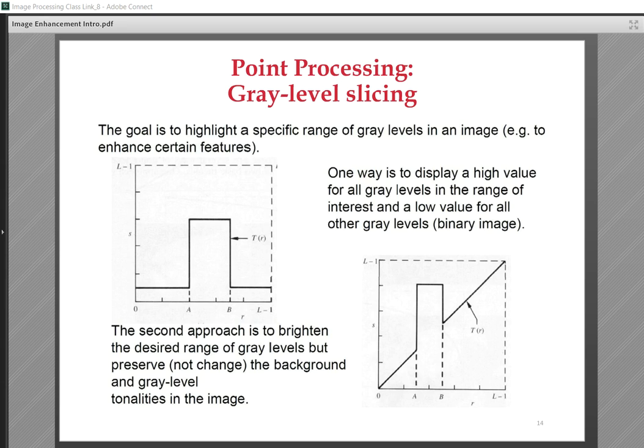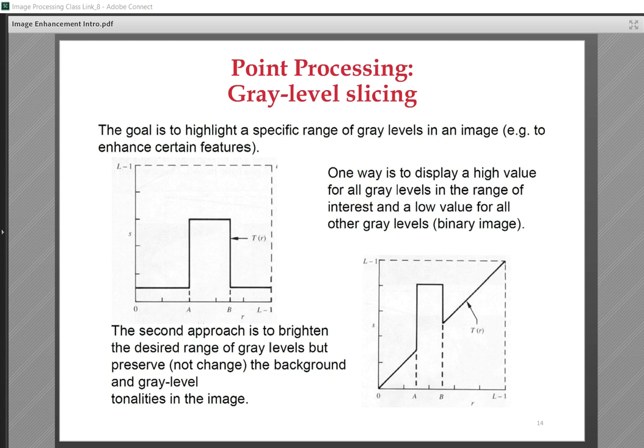One way is to display a high value for all gray levels in the range of interest, between A and B, brighter, and a low value, darker, for all other gray levels outside of the A to B range.